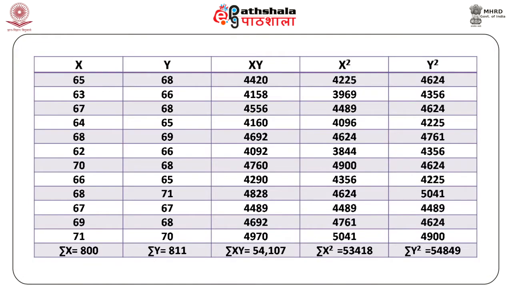For this, the first part of the solution will have the regression equation of y on x. If we put it in a tabular form, we will get the values of x, y, xy, x square and y square, for which summations have to be calculated.